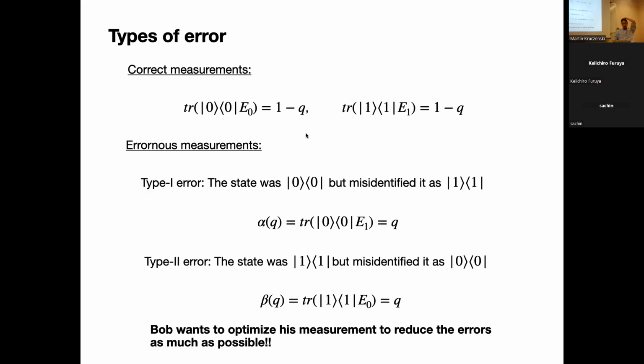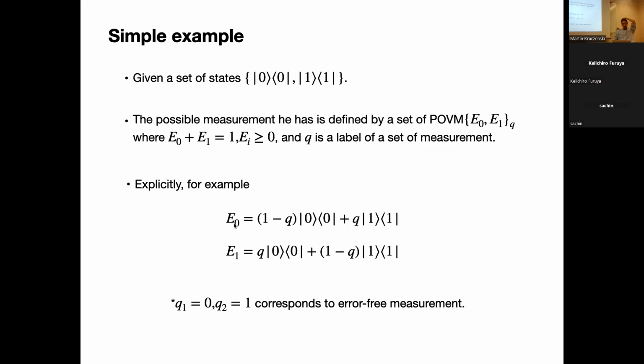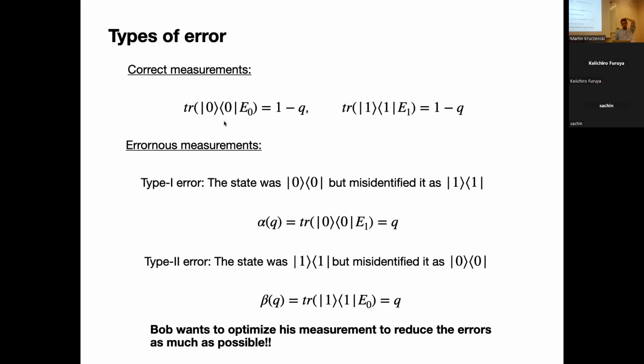If you go back and see the definition of E0 and E1, for E0 you have the matrix 1 minus q on |0><0| and q on |1><1|. If you calculate the trace with |0><0|, you get the probability of getting state 0.